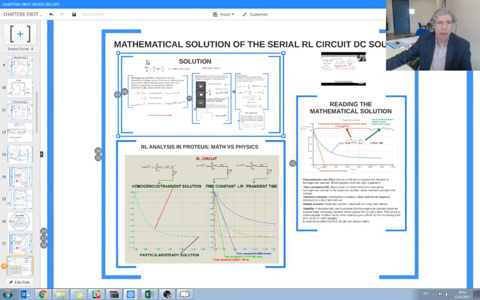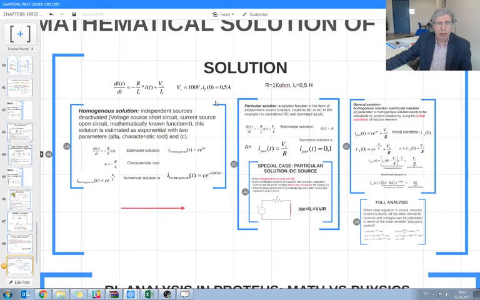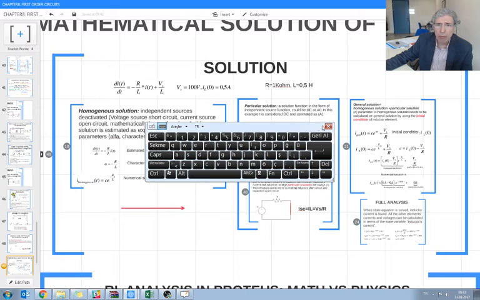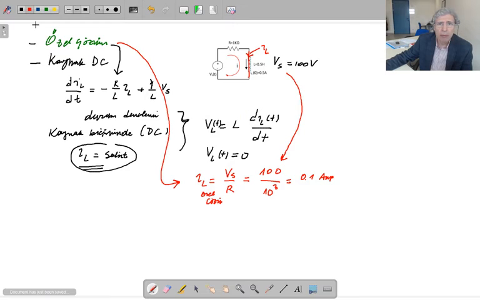This is the one that we explained here. The circuit is given to us. Let me clear this area.